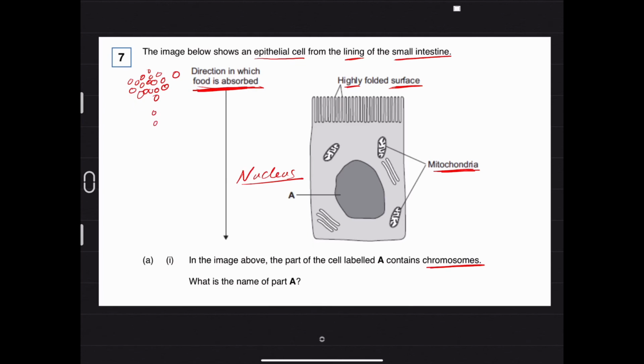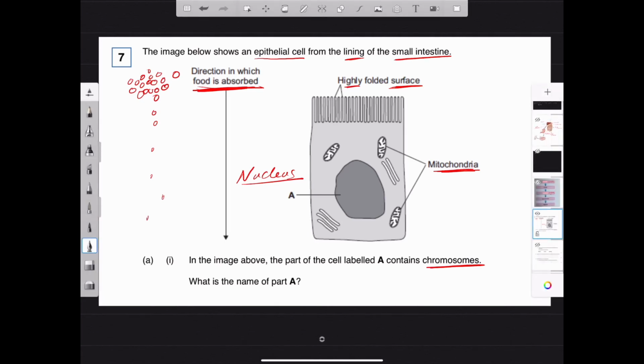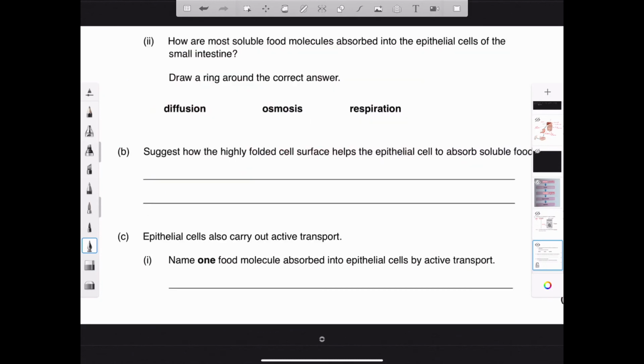And slowly it's going to be absorbed in this downward motion here. So from the movement of molecules which we previously looked at, to answer this question here, we will say that it is diffusion, because the movement of substances from a high concentration to a low concentration.